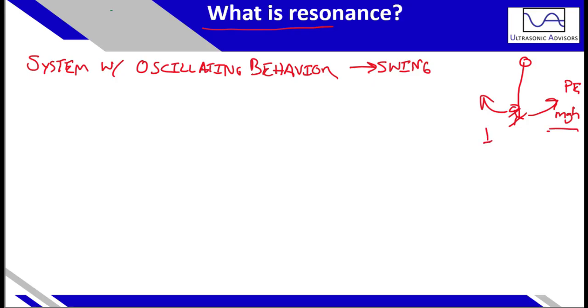There's also the kinetic energy, which is 1/2 mass velocity squared. You could do the angular version as well. But basically, you have energy going between two systems.